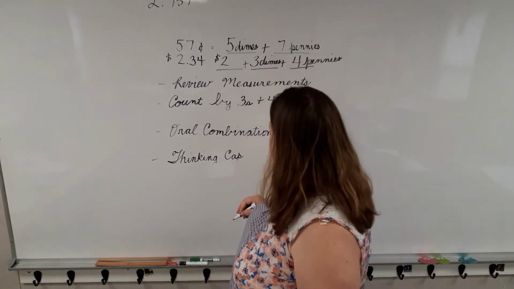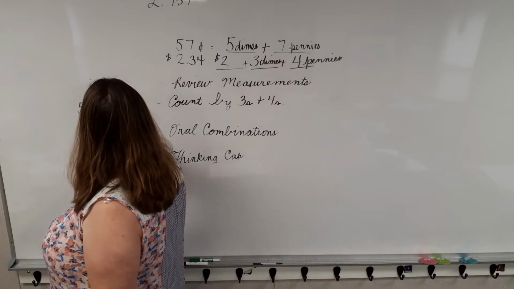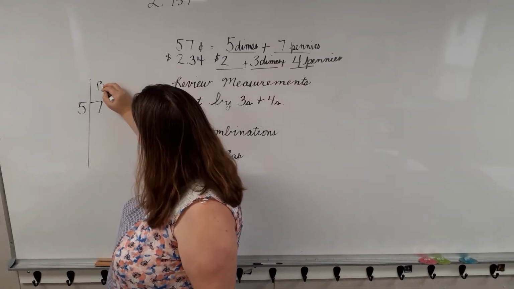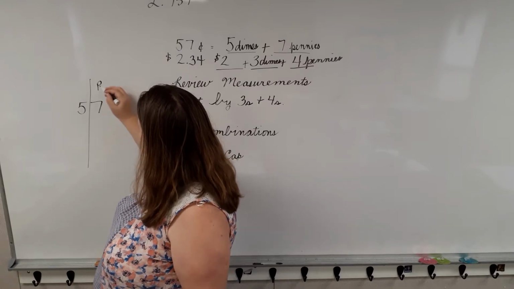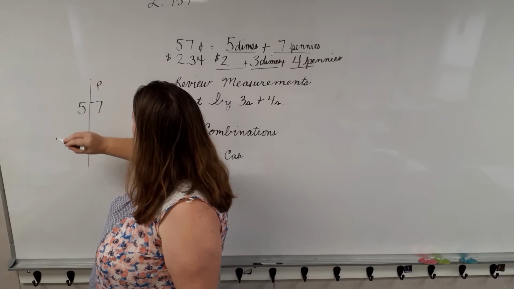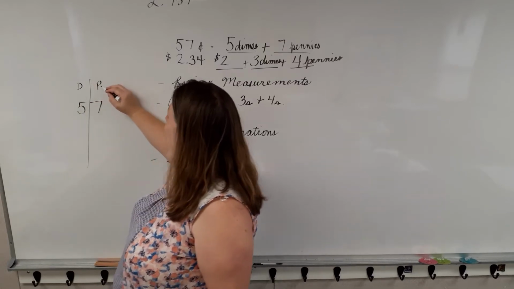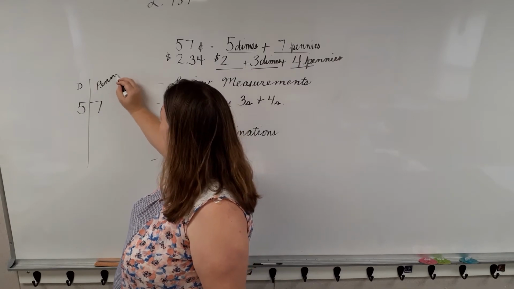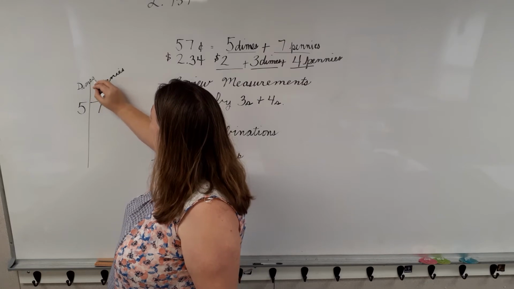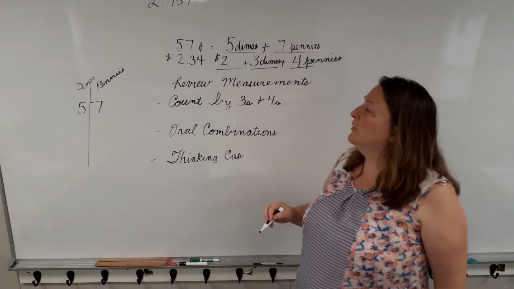Let's remember, for 57 cents, the 7 would be like ones, and the 5 would be like tens. Ones would be like pennies, and tens would be like dimes, because dimes are worth 10 cents and pennies are worth 1 cent.